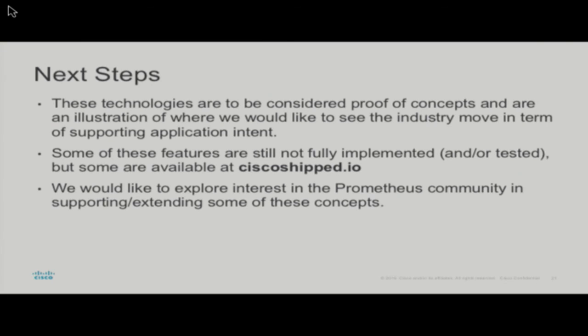If you look at the keynote today, there were all those layers that the Cloud Native Foundation is defining. At the very top, there is a concept of application, and that's the part we are looking at here. Not all of the features I described are implemented, but there is a good chunk, and you can go and test them. As Ken mentioned, they are available at ciscoship.io, where you can create very simple applications and define those policies.